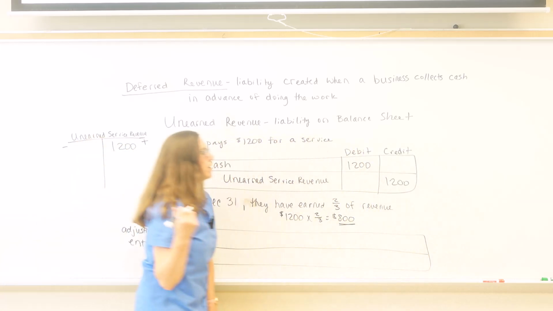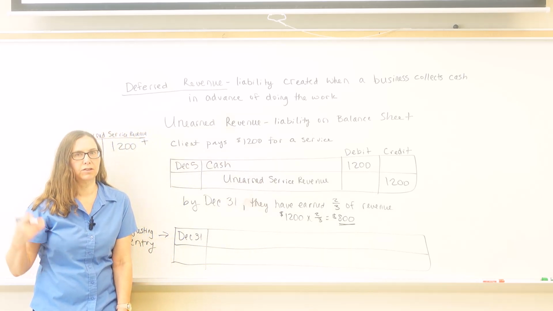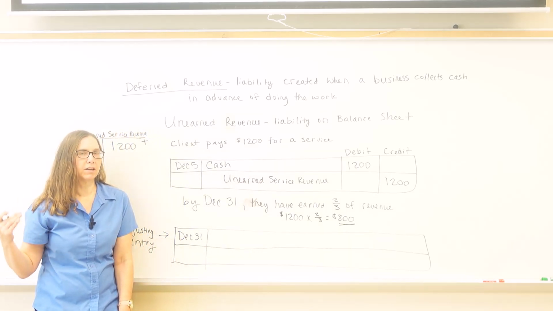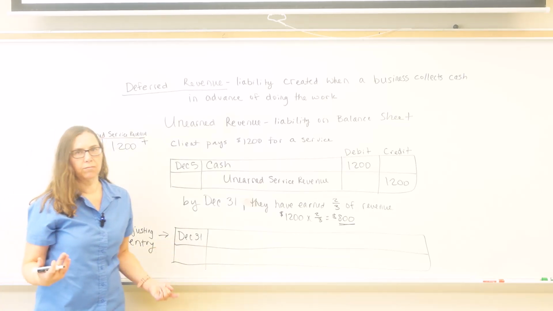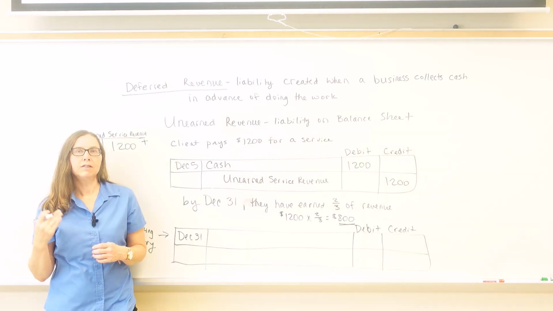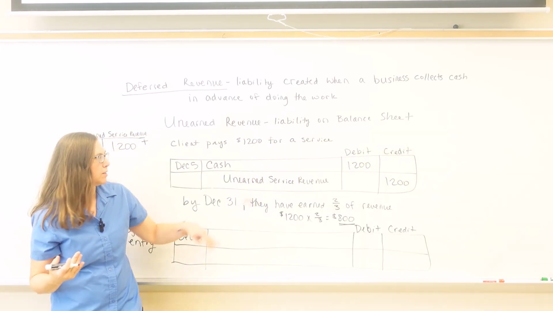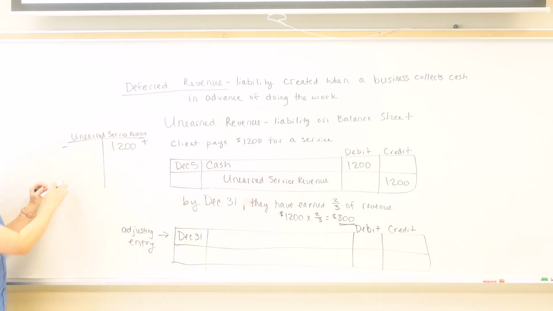And I want to point out that I'm using December 31st as a year end for all of these examples just because it's easier, and that's usually the common year end. But some companies do have a different year end than December 31st. So I just wanted to point that out. So to move the $800, we want to subtract it from unearned revenue. So we would do that with a debit.